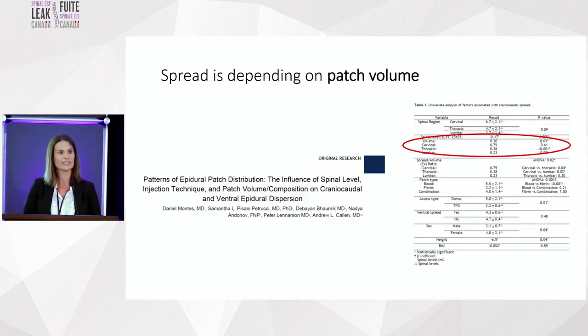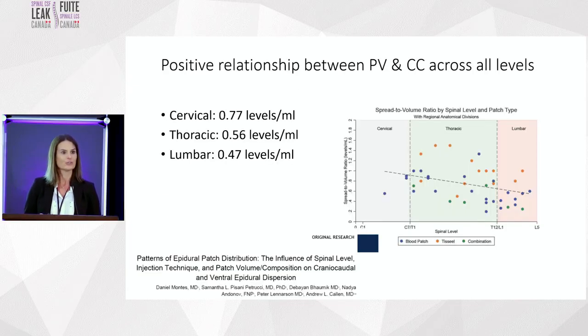Point 2 is that for each milliliter of volume, the cervical and thoracic patches show a greater spread of the blood compared to the lumbar patch. Taking this together, when normalized for patch volume, the spread to volume ratio decreases from cervical to lumbar spine. So lumbar patching demonstrates less spread compared to the other levels, and that's probably due to the lumbar curvature, which we discussed already earlier today, and the larger epidural space.